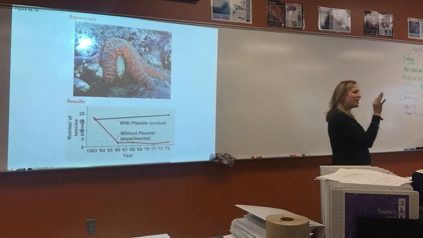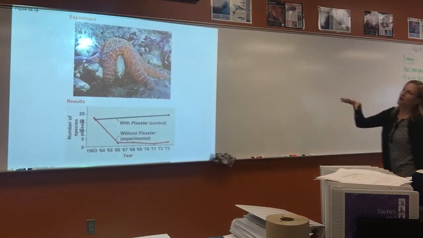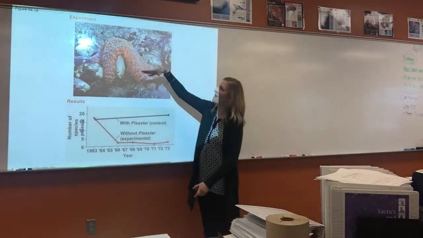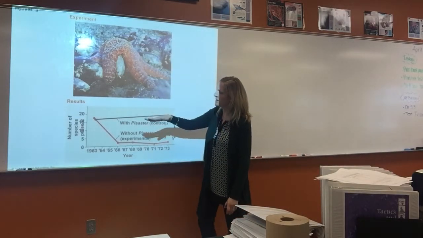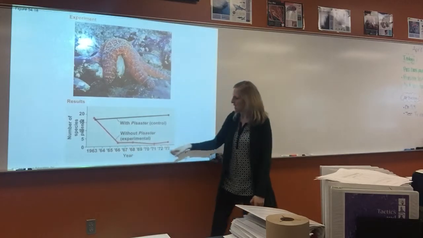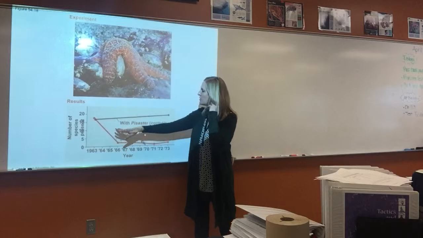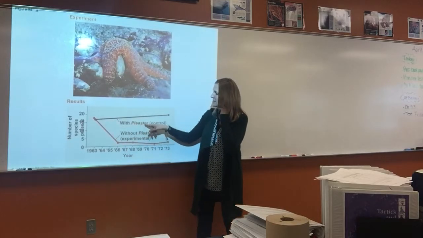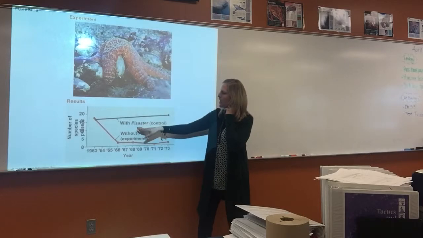So then what we want to look at here, they did an experiment with the sea stars. There's not very many of them, but their main diet, as I said, is these mussels. So they did an experiment over time here, so you can see year by year. And in this intertidal community, they looked at one with Pisaster, the name of a type of sea star.